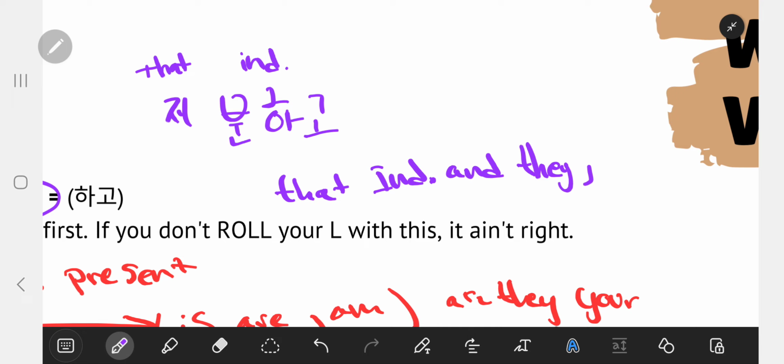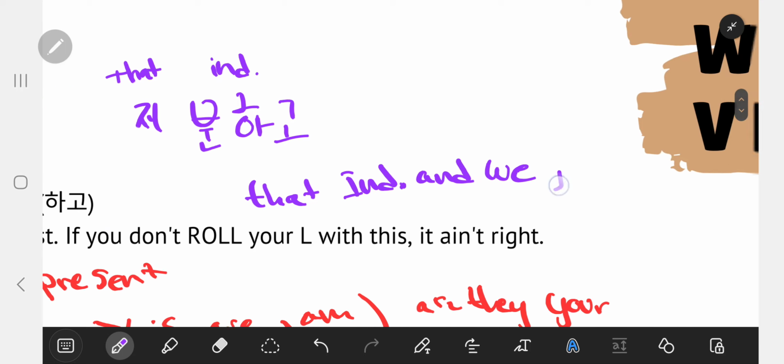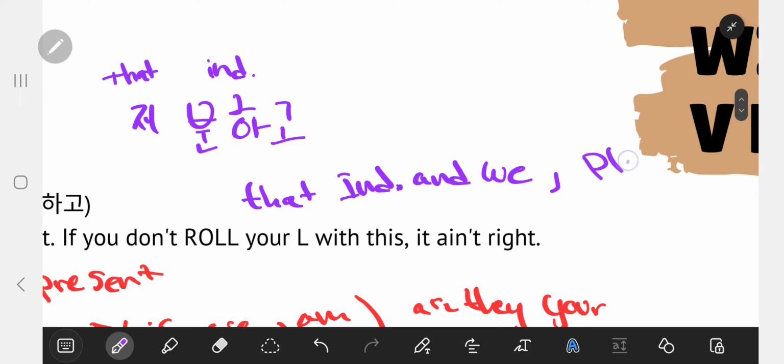And yes, it could also mean that if you and another person are talking about having fun with those people that just left, then now it's "we." So 저 사람들하고 놀았어요. 놀아 means played.